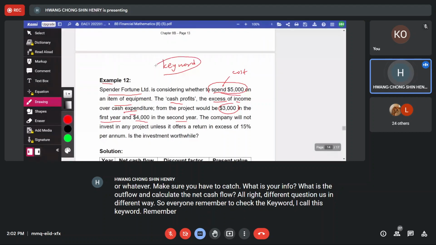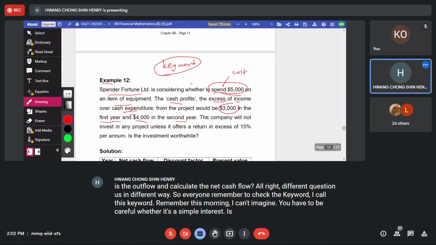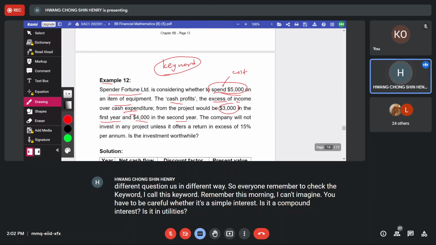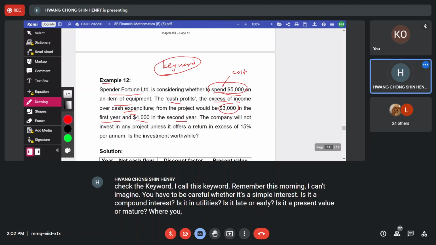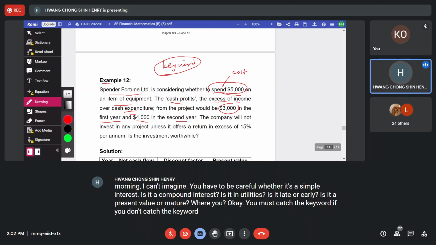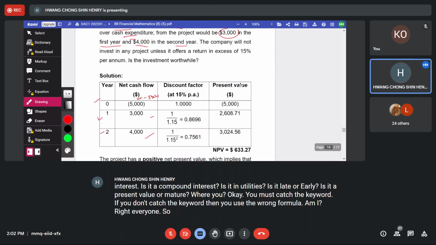Remember this morning I kept on mentioning, you have to be careful whether it is a simple interest, a compound interest, annuities, late or early, a present value or maturity value. Okay, you must catch the keyword. If you don't catch the keyword, then you will use the wrong formula. Am I right, everyone? So that's why you must be careful here.